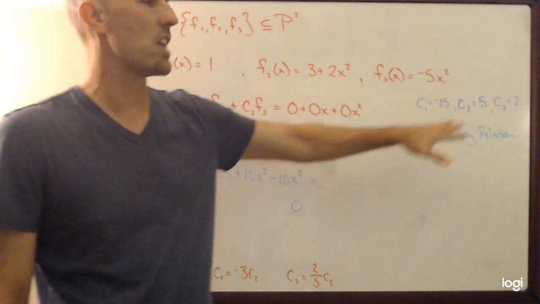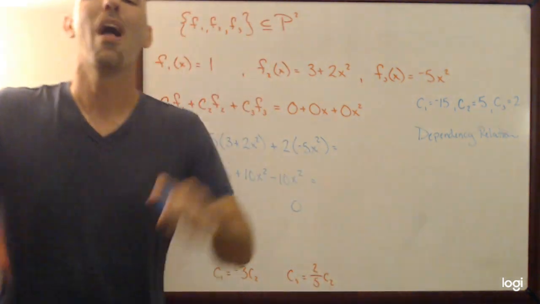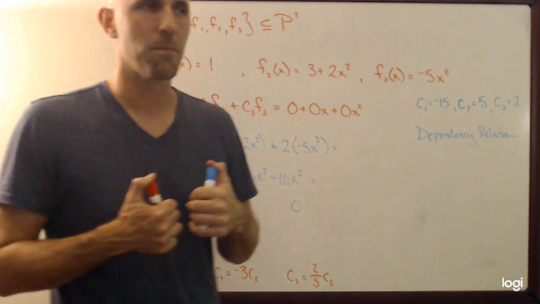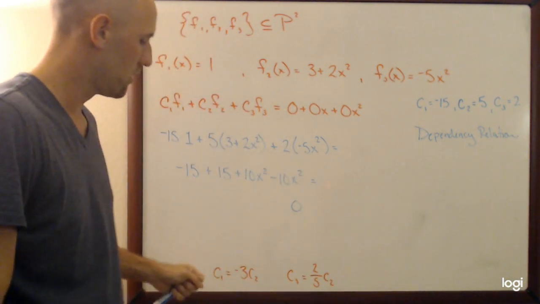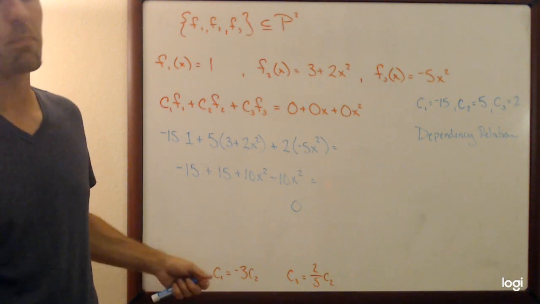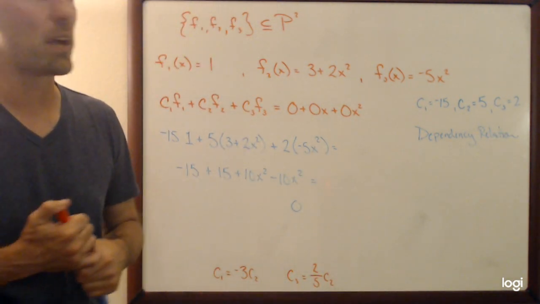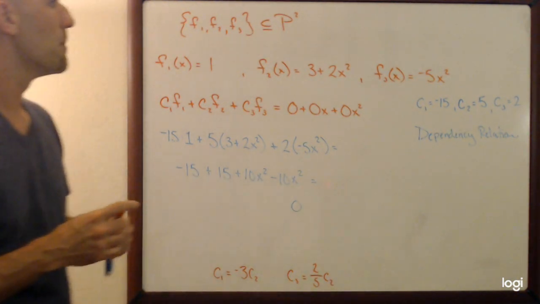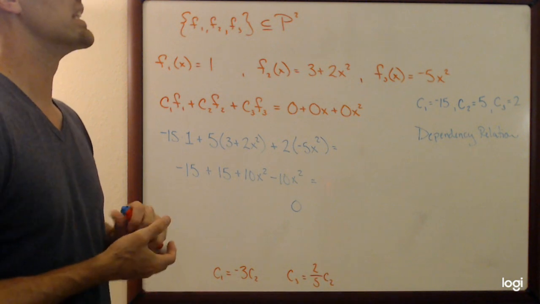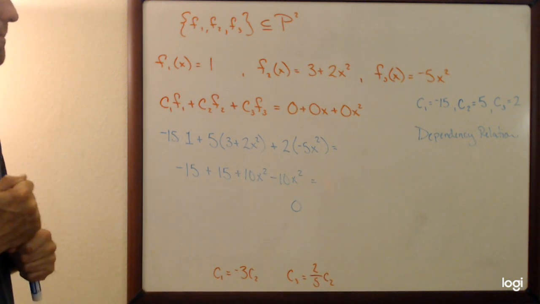If you would have just said C1 negative 15, C2 5, C3 is equal to 2, that is enough proof to demonstrate dependence, okay? Now, it's better to go ahead and find the rule, right? Because for completionist's sake, we want to make sure we find all of the possible dependency relations, okay? But again, what we've discovered is that this is a linearly dependent collection of vectors.